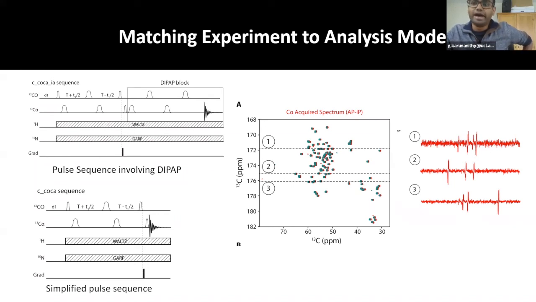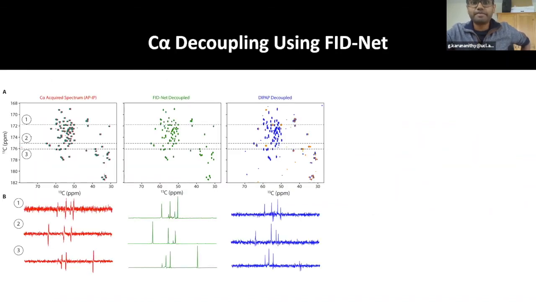And now we have something nice to give to our deep neural network to try and decouple, which is what we did. On the left is the input to the deep neural network. Then we decouple that to give us the nice spectrum in the middle.